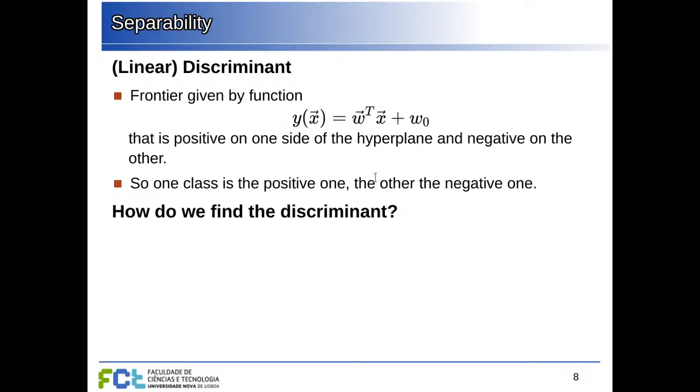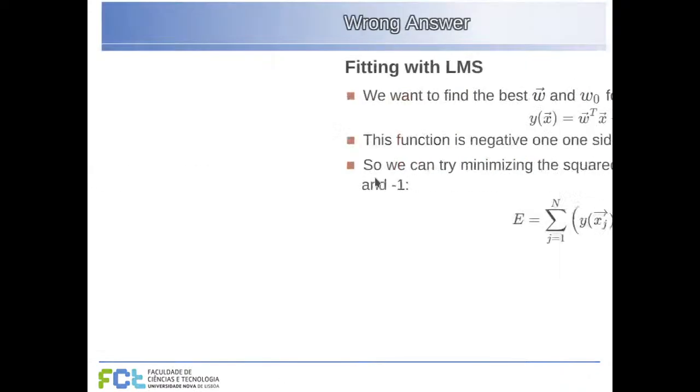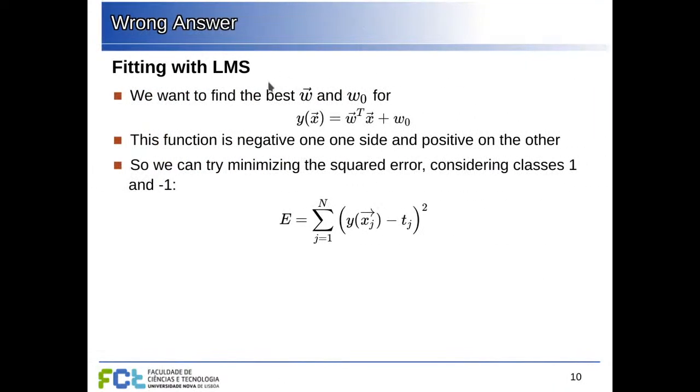So now, how can we find the best way to put the discriminant? In order to help understand this problem, I'm going to start by doing it the wrong way. This will give us the wrong result, but it will help us understand what's different between what we've been doing with regression and what we have now in classification. Let's say we want to find the best values here for W and W0, so that it's negative on one side, corresponding to class -1, and positive on the other side, corresponding to class 1.